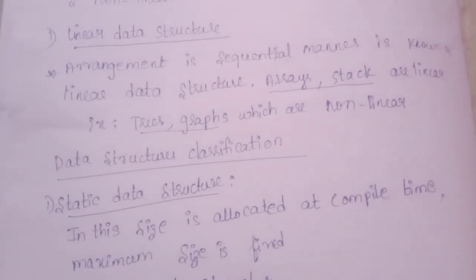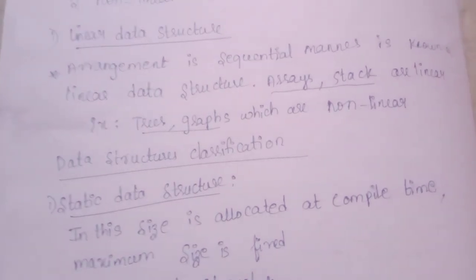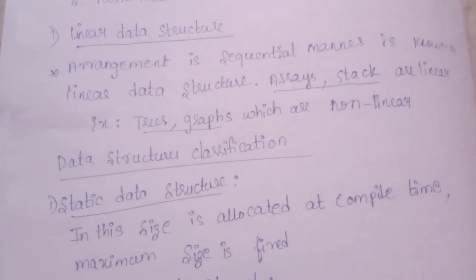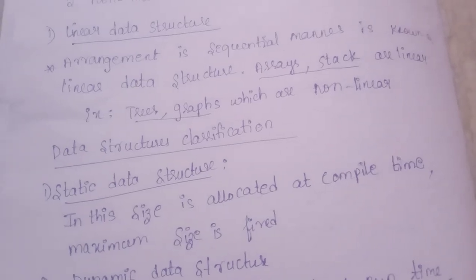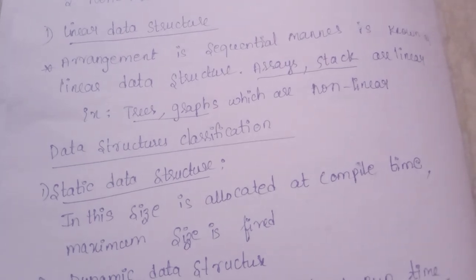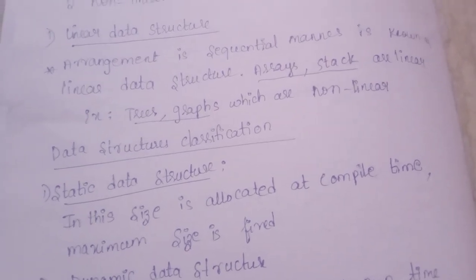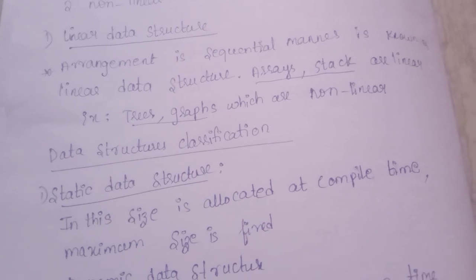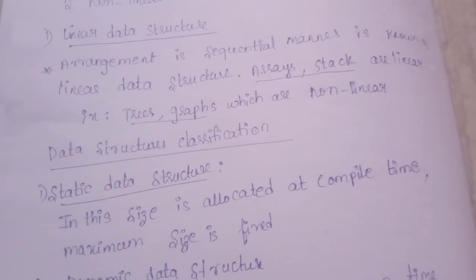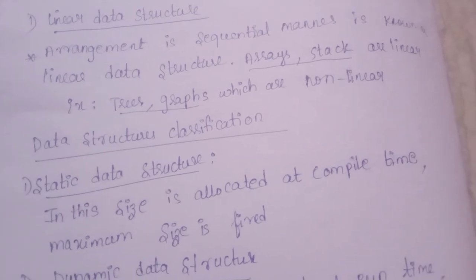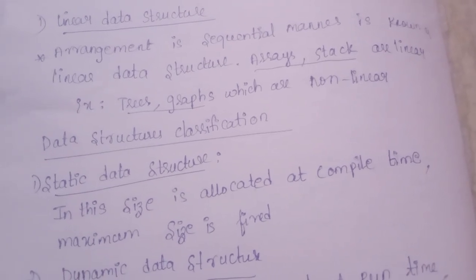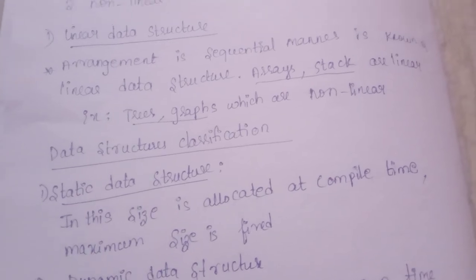For non-linear data structures, the arrangement is in a random order, which is quite the opposite of linear data structures. Examples of non-linear data structures are trees and graphs.